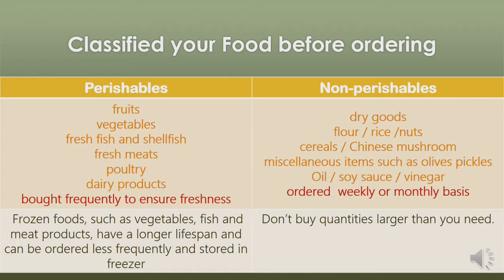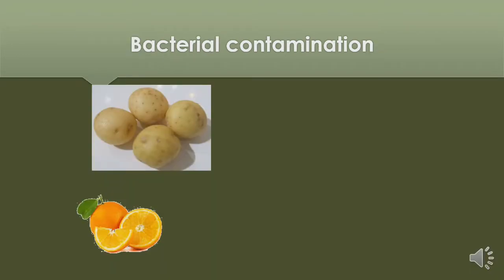That is not good. You need to keep your money flowing. That would be the better way to run your business, and you also need to ensure your food is fresh enough. So do remember, don't buy quantities larger than you need.